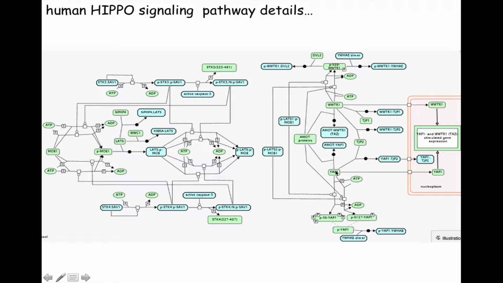Here is YAP all by itself, ready to go into the nucleus and have a positive effect on a downstream transcriptional process. Here are all the things going on, all the reactions going on that can distract YAP and keep it from getting there.